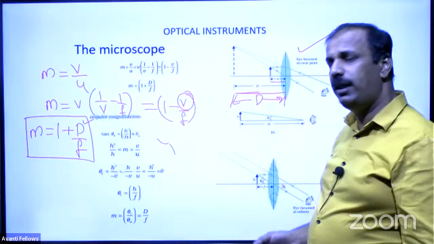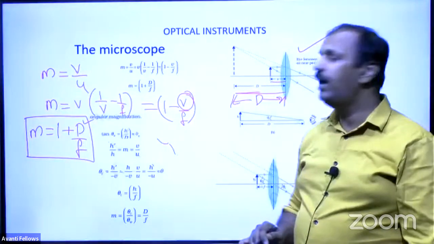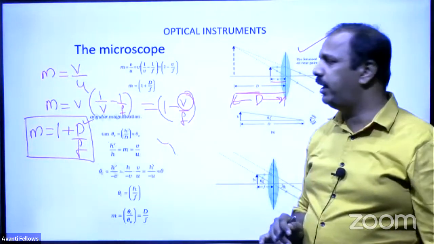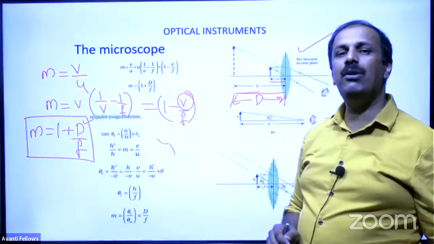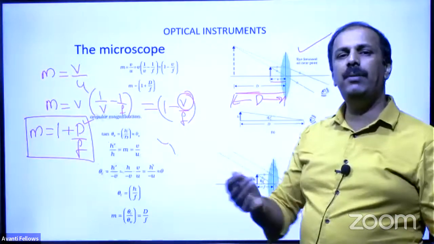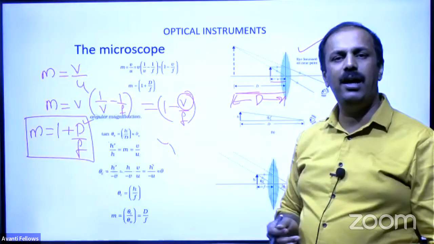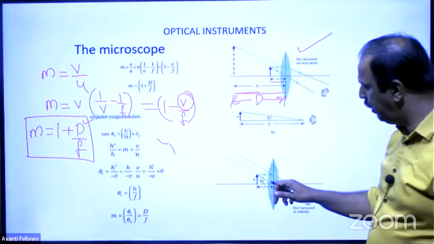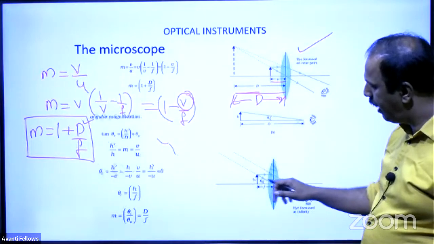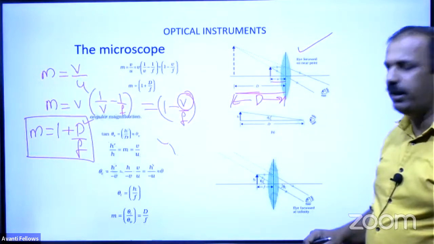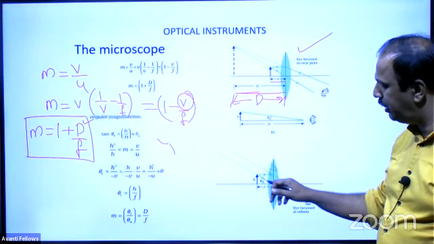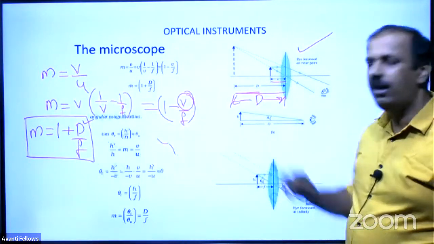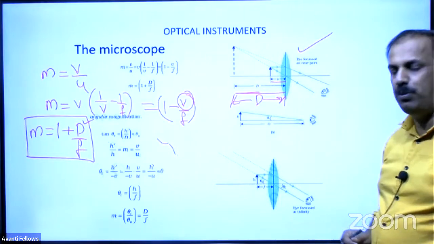What we have to do is, instead of taking this linear magnification, we will take angular magnification. So what is angular magnification? Angle made by the image divided by angle made by the object. Here you see the object is kept here, and on the same line the image is also made. This is the angle made by the image. So what is the angle made by the object?